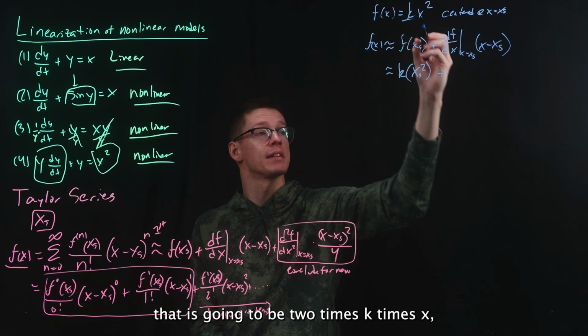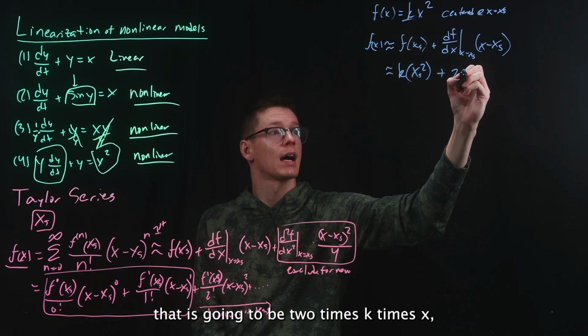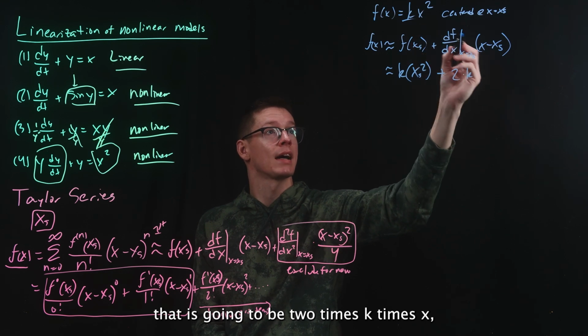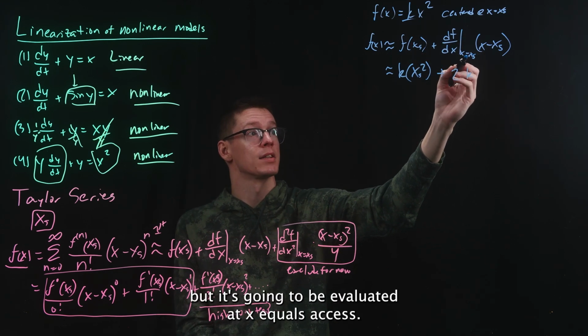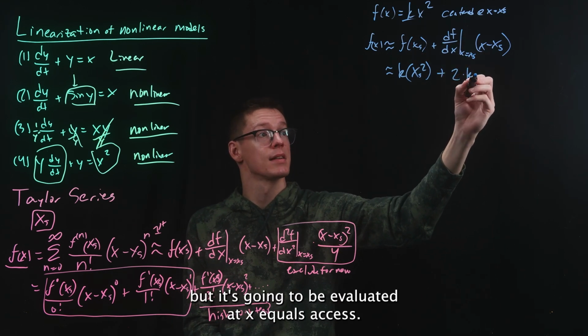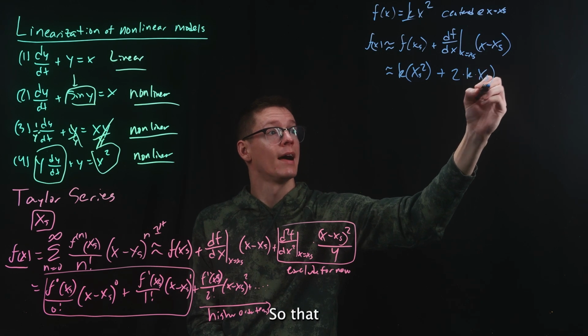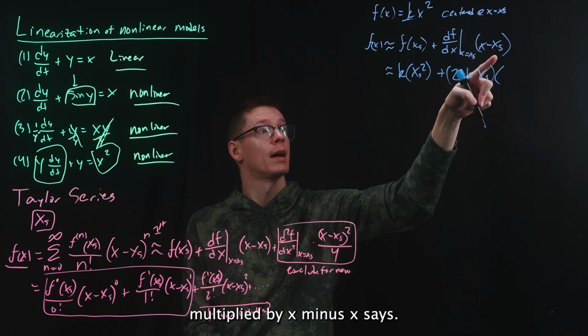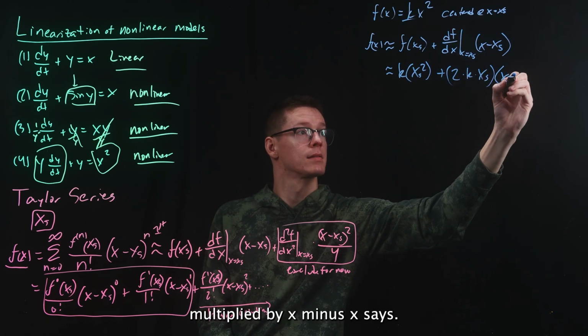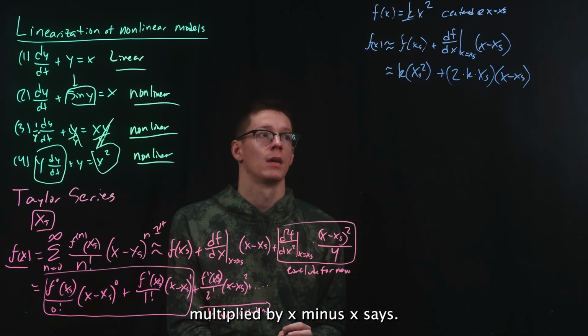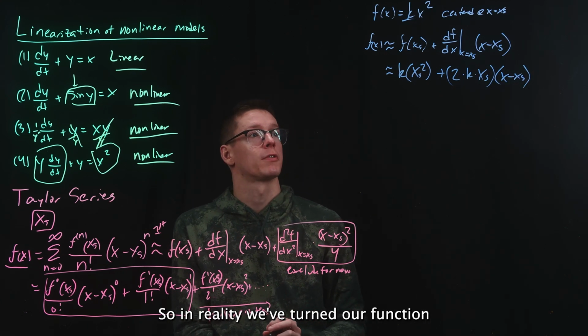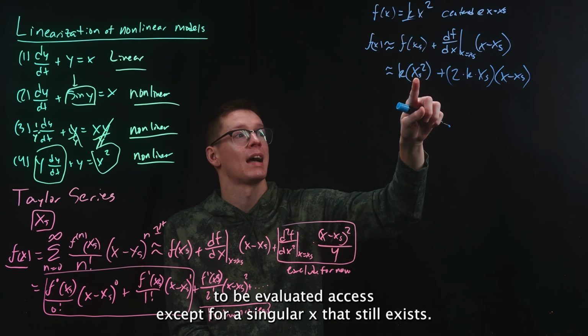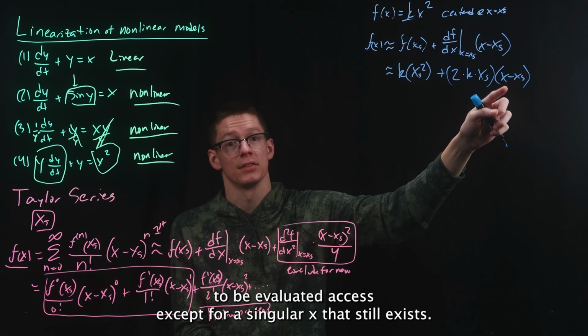Well, the derivative of that is going to be 2 times k times x, but it's going to be evaluated at x equals xs. So that multiplied by x minus xs. So in reality, we've turned our function to be evaluated at xs, except for a singular x that still exists.